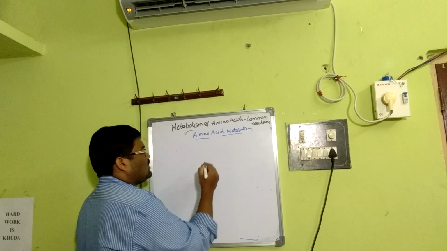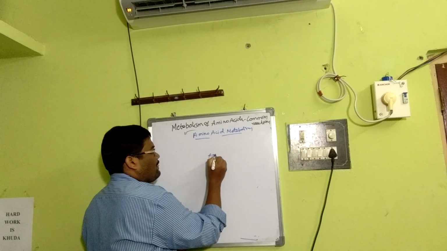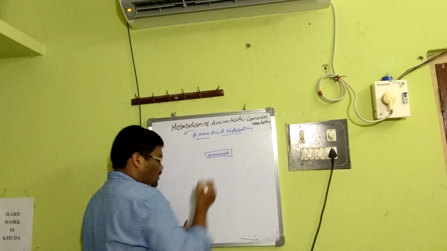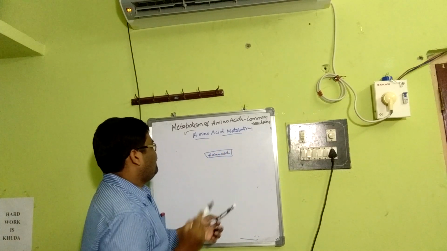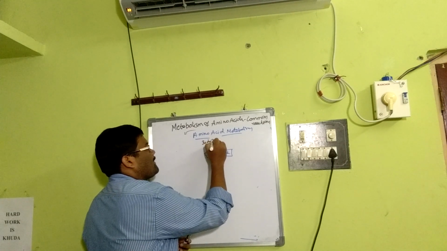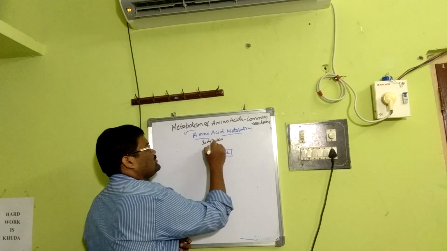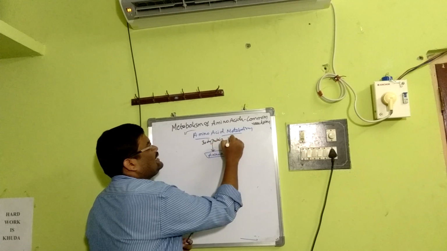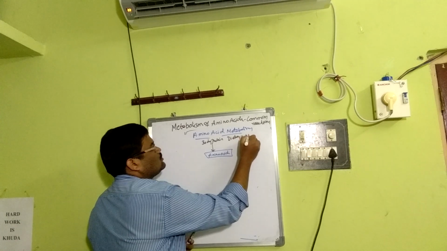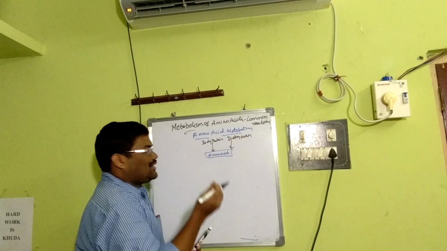We have discussed amino acids already. What are its sources? Body protein is one source, and dietary protein is another source. And how will it be utilized?